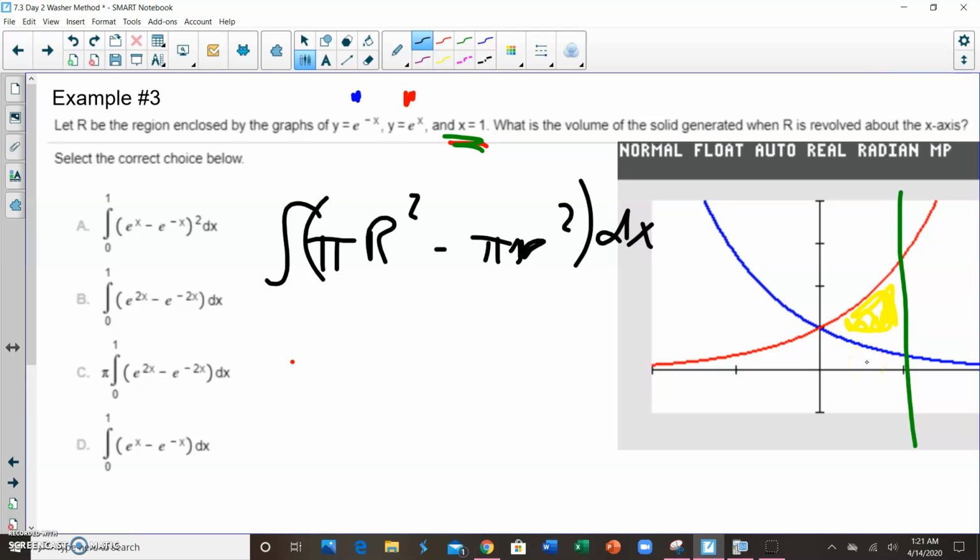So it is going to have to be that. If you look at your answers, what's the only one that has pi? Letter C. So here's your pi, and then that's your r squared, e to the x squared is going to be e to the 2x, minus, here's your other r squared.